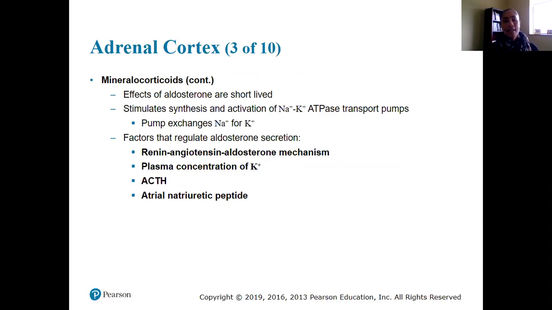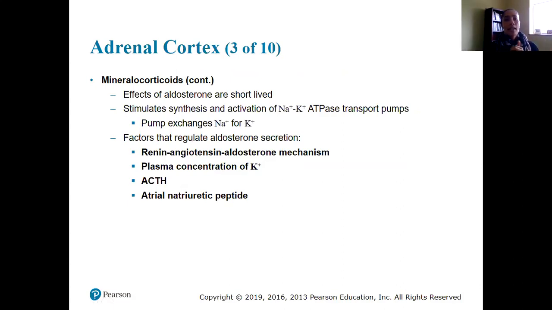So what happens is we stimulate the synthesis and the activation of our sodium-potassium ATPase transport pump. And you should remember this from Bio 168 when we were talking about the generation of an action potential in the nervous system.